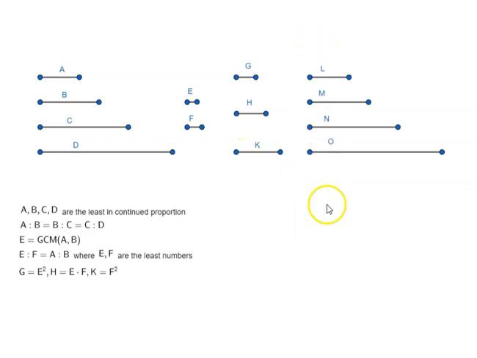Now we take the next step of constructing continued proportion of 4 numbers. So what do we do? We take L as E cube, M is equal to E square times F, N is equal to E times F square, and O is equal to F cube. So basically what we have done, using E and F, we have constructed the continued proportion of 4 numbers.